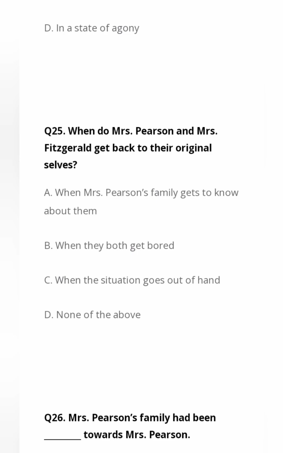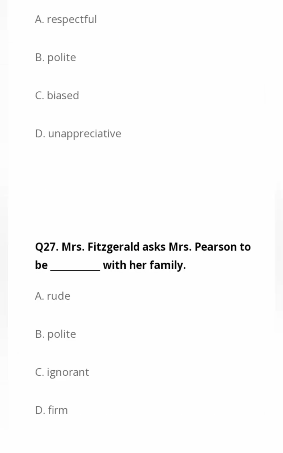Okay. And then let us see question number 26. Mrs. Pearson's family had been dashed towards Mrs. Pearson. Okay. That is option D, unappreciative. And then question number 27. Mrs. Fitzgerald asks Mrs. Pearson to be dash with her family.